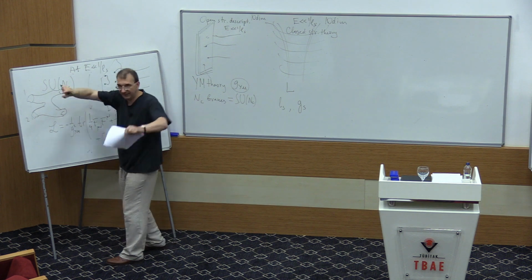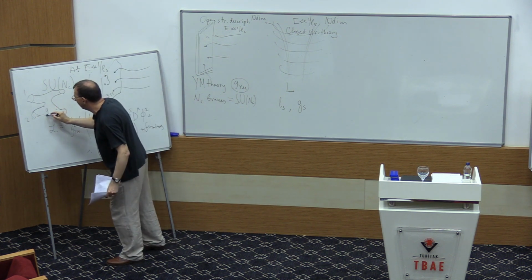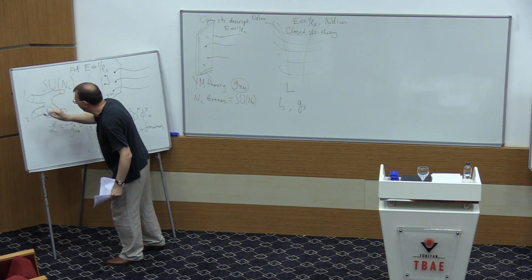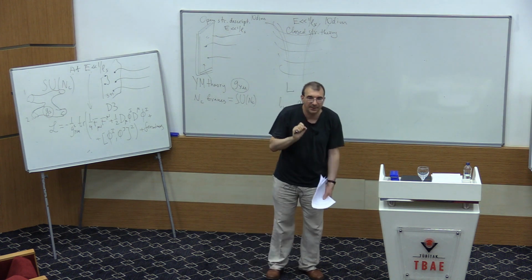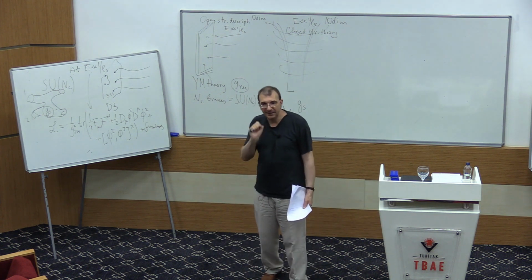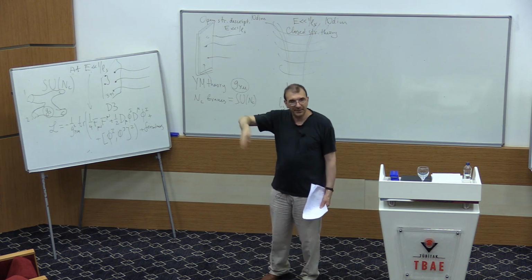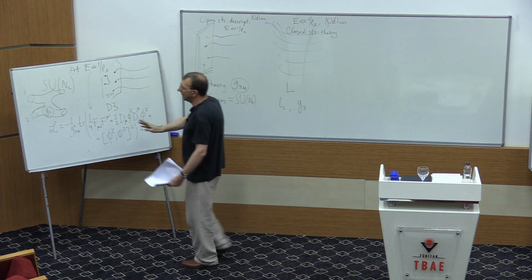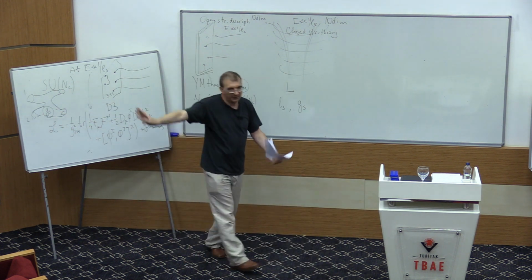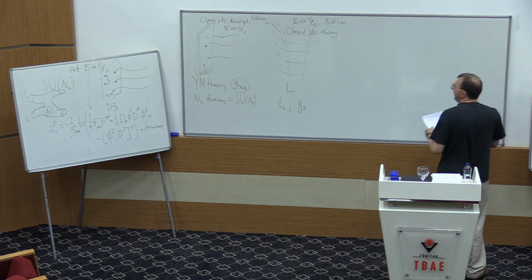But this strength of interaction is characterized by what is known as the string coupling constant g_s, which is not an independent parameter in the theory. It's an expectation value of one of the fields in the theory. And therefore, I repeat, there is only one parameter Ls. There is nothing else. But it's convenient to introduce this g_s, which is the expectation value of some field, and just characterizes the strength.